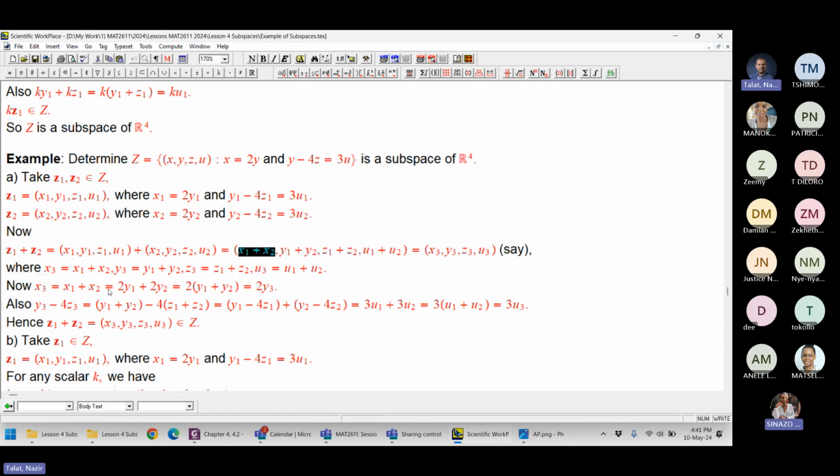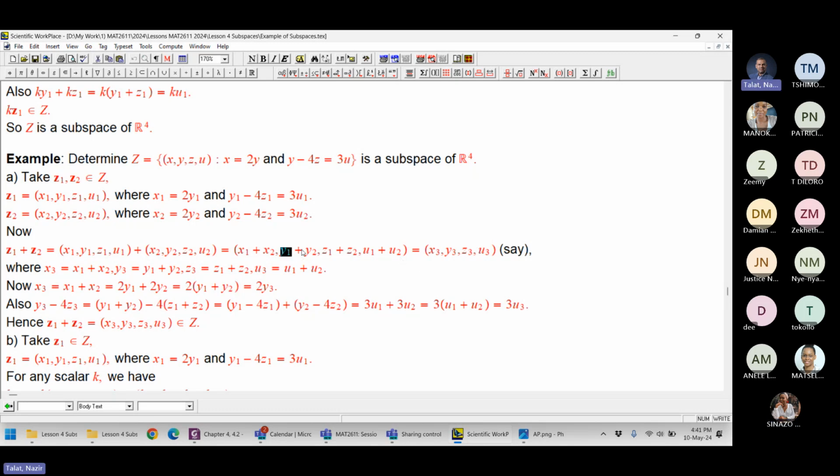Now x1 is 2y1 and x2 is 2y2, so it becomes 2y1 plus 2y2. If we take 2 as common, it becomes 2 times (y1 plus y2). And remember, what is y1 plus y2?